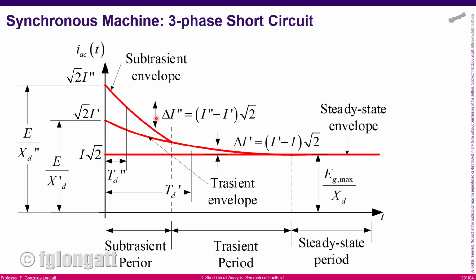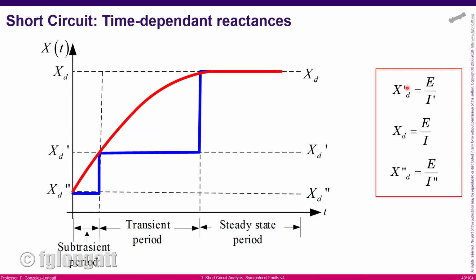We represent three different envelopes: subtransient, transient, and steady state envelope. And that is coming from a very simple fact. When the short circuit happens, we have the lowest inductive reactance inside the machine. That is what we call the subtransient inductive reactance. Okay.